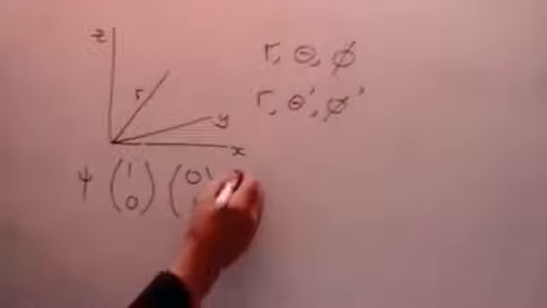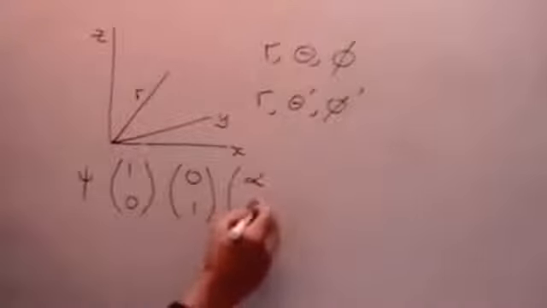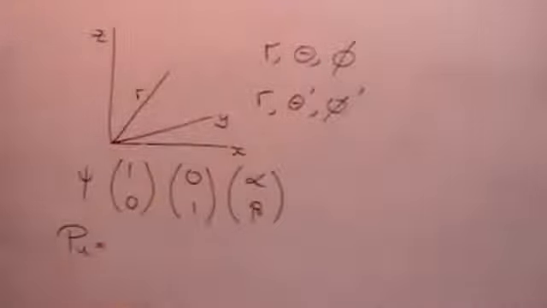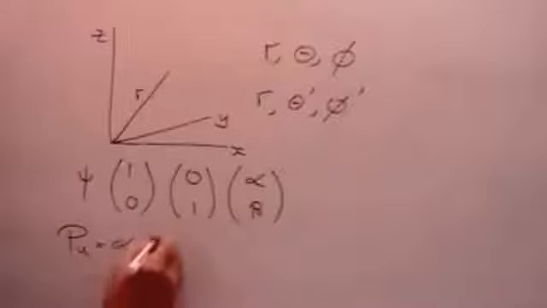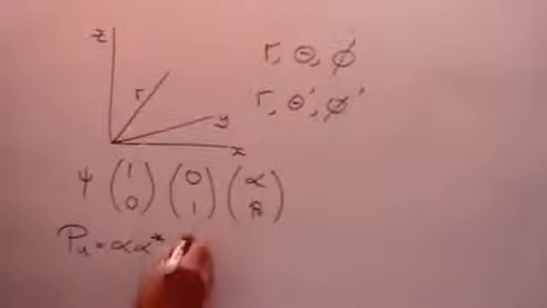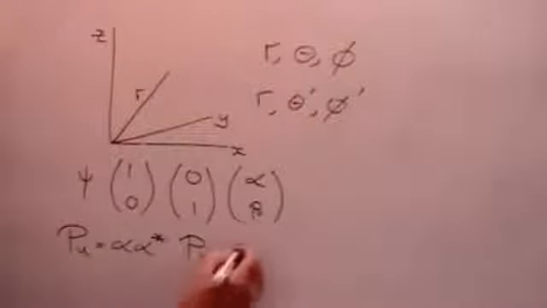And more generally, we could represent the spin state as alpha, beta, where alpha is the probability amplitude of the spin being up, beta is the probability amplitude of the spin being down, and the total probability of it being up is alpha, alpha star, because to get the total probability you have to take the probability amplitude and multiply it by its complex conjugate. And the probability of measuring down is beta, beta star.